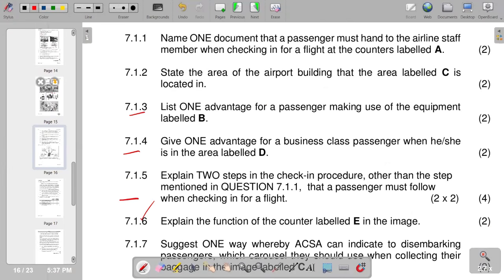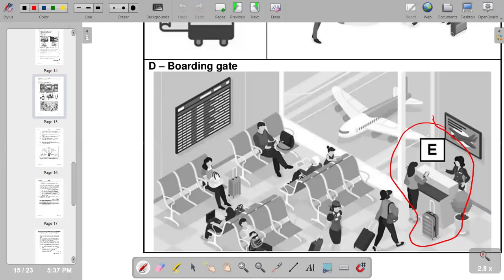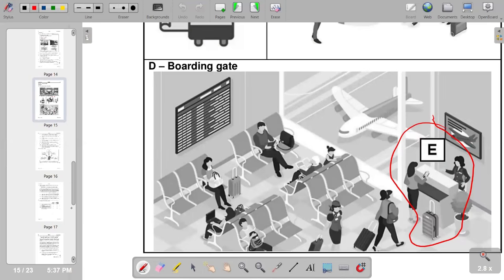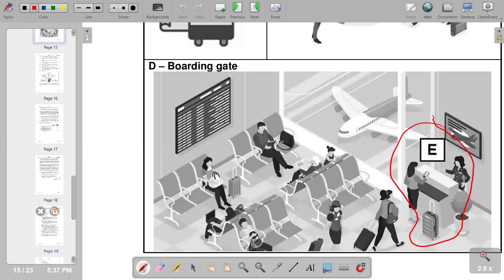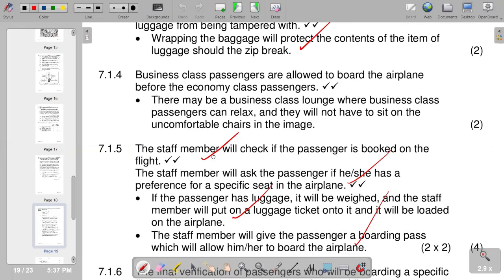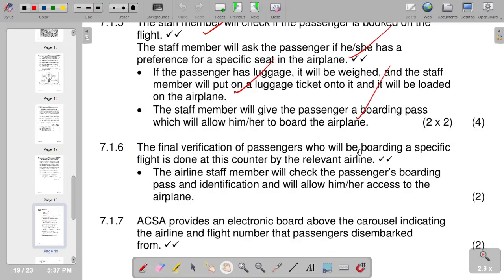The function of that counter is the final verification of passengers who will be boarding a specific flight. This is done at this counter by the relevant airline. So this is one of them.